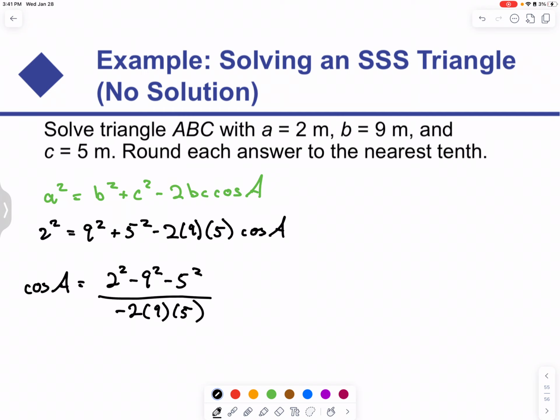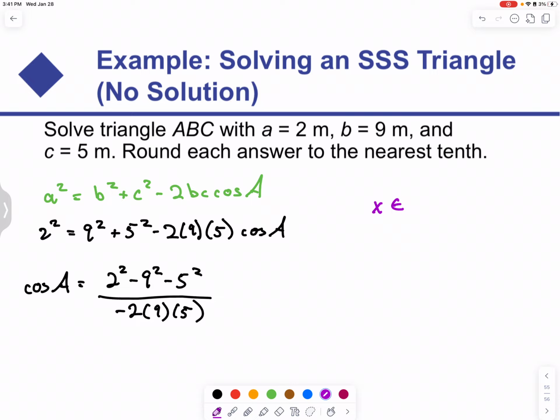Now, when we do arc cosine, remember that arc cosine is restricted. Let me do that off to the side real quick. If we think about cosine, we have to impose a restriction in order for it to have an inverse, a restriction on the domain.